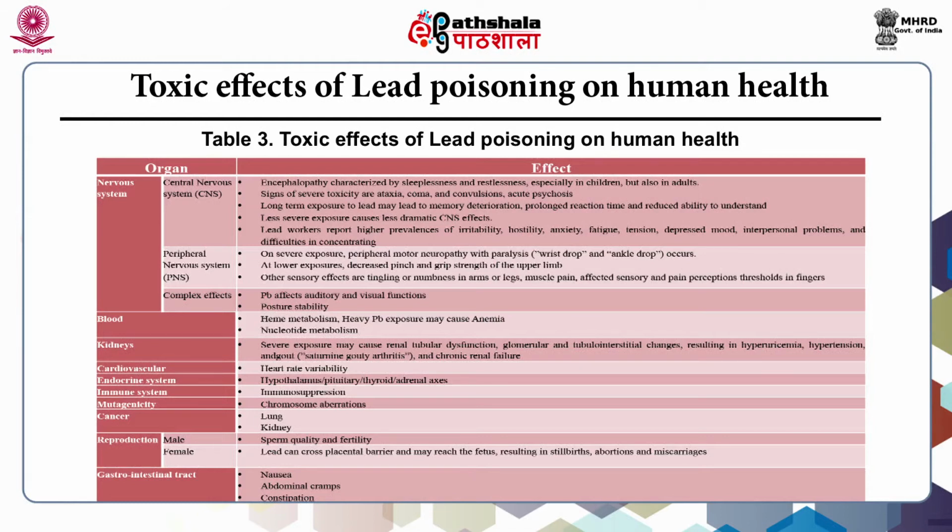It may affect sperm quality and fertility in males, and in females, lead can cross the placental barrier and reach the fetus, resulting in stillbirths, abortions and miscarriages. The effects of lead on the gastrointestinal tract are also evident. It may cause nausea, abdominal cramps and constipation. In a nutshell, we can say that lead affects a number of functions and body organs.